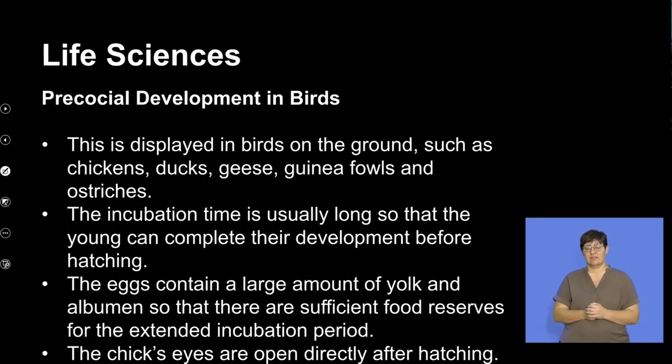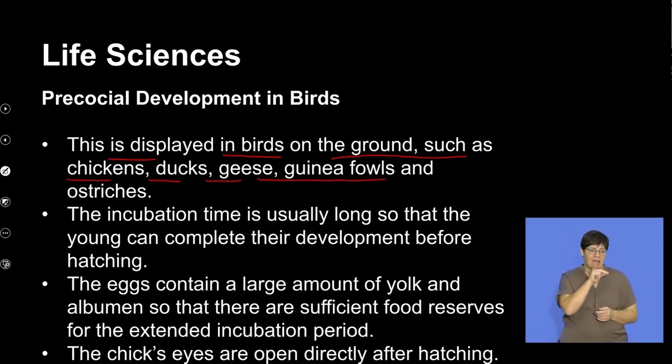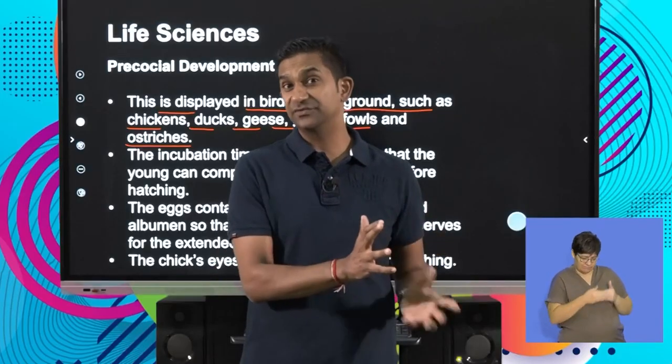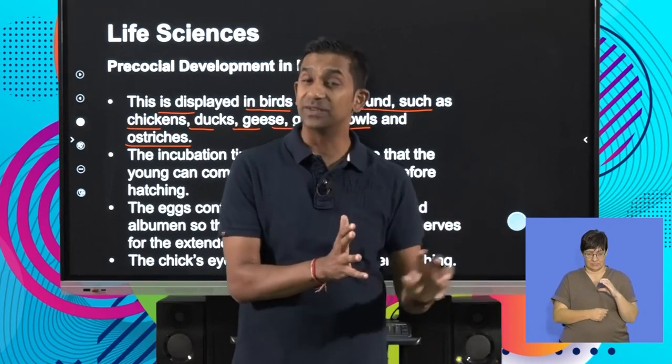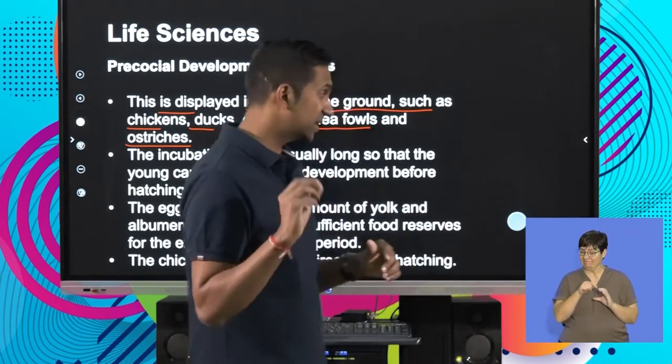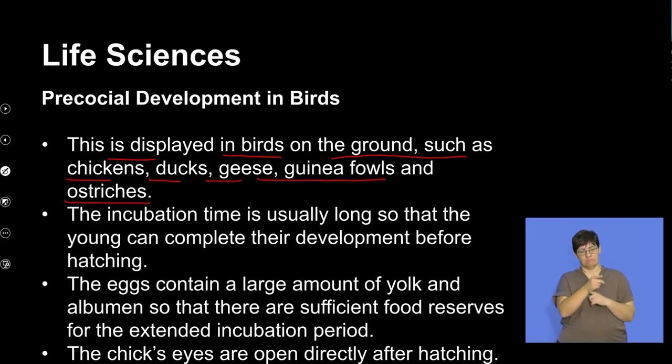This is displayed in birds on the ground, such as your chickens, ducks, geese, guinea fowls, and ostriches. Often birds that lay eggs terrestrially on the ground have an extensive period of the embryo developing within the egg. That means that when these hatch, the hatchlings are able to survive.